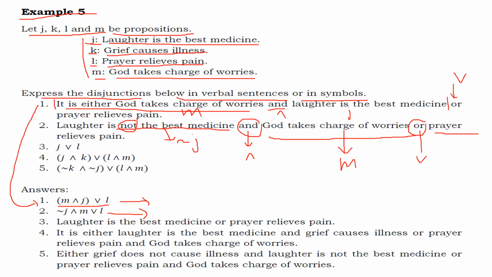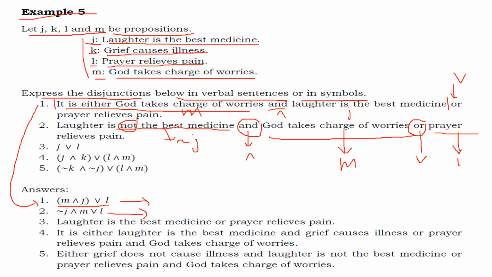Prayer relieves pain, so this part will represent your L. As you can see, there's only an application of negation in proposition J, where we applied the word not: laughter is not the best medicine. That's how we can express this verbal sentence in symbols.